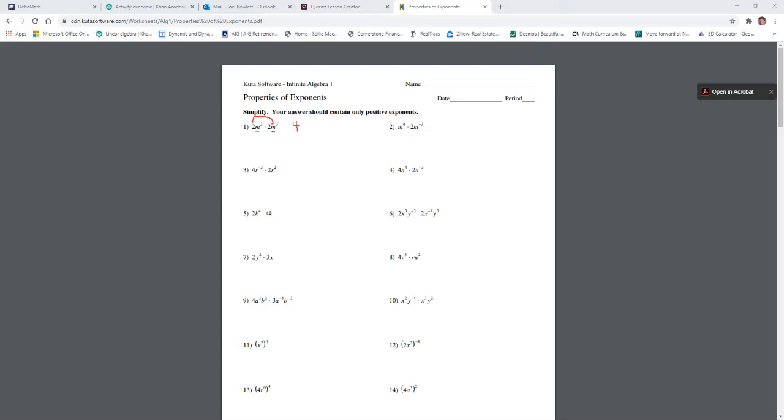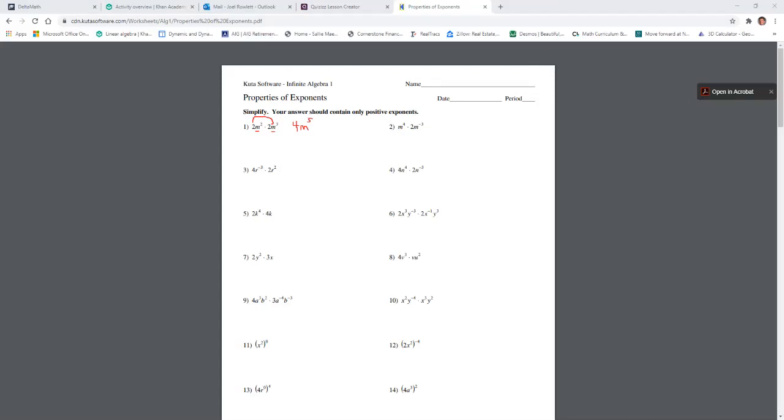Both of those have base m, and we learned from the laws of exponents that you keep your base and you have to add your exponents together if you're multiplying. And then, of course, 3 plus 2 is 5. So the simplified answer is going to be 4 times m to the power of 5.